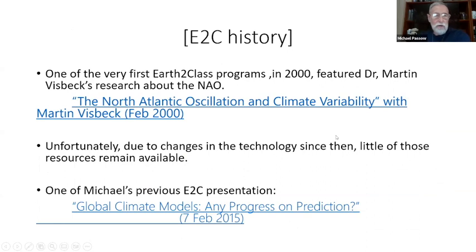One of the very first Earthly class programs back in 2000 featured Dr. Martin Visbeck and his research about the North Atlantic Oscillation. Unfortunately, due to changes in technology since then, few of the resources that were created for that program remain available. Michael has done two previous Earthly class presentations, most recently in 2015 on global climate models.